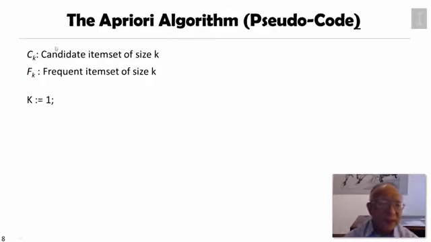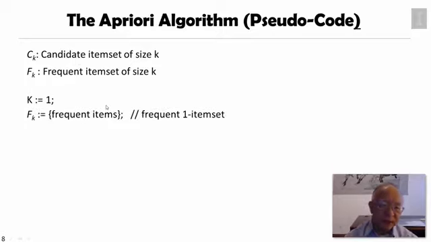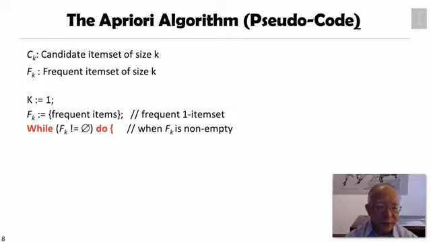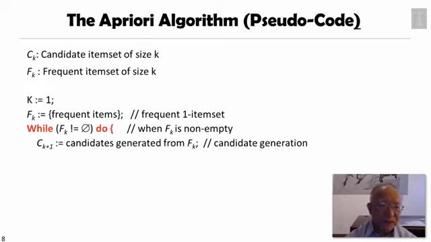We set C sub k to be the candidate item set of size k, F sub k to be the frequent item set of size k. Initially, we just get frequent one item sets. Then we get into the loop. Suppose the frequent k item set is not empty, then we use the frequent k item sets to generate k plus 1 candidate item sets.